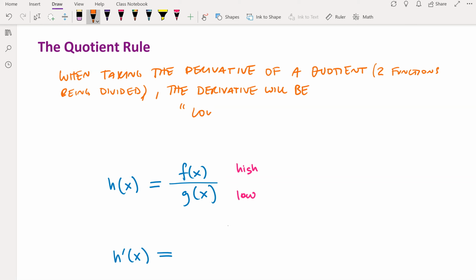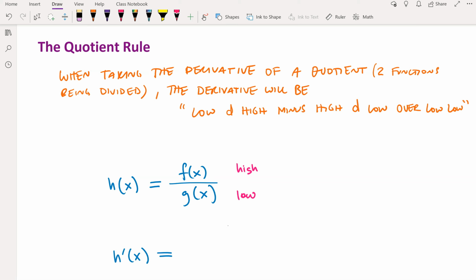We are going to say low d high minus, and I'll explain this in a second, low d high minus high d low over low low. This is how we're going to take derivatives of quotients: low d high minus high d low over low low.